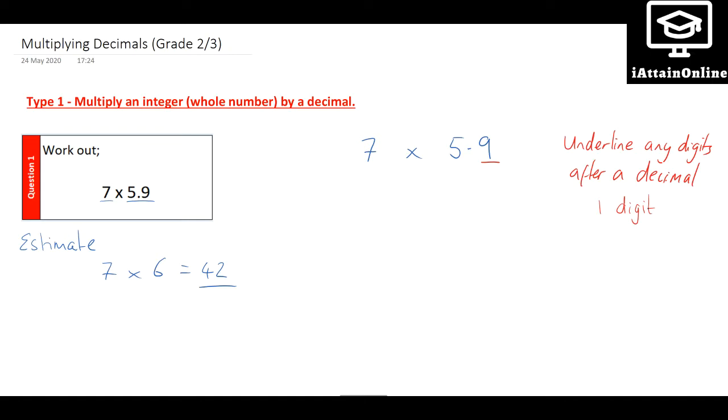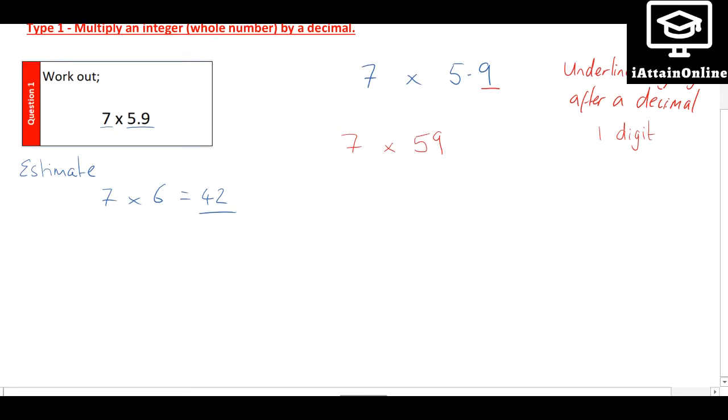So now we're going to temporarily ignore the decimals, and we're just going to do 7 times 59. Now you can do any method you want for this, whichever method you prefer. I'm going to do the grid method, so I'm going to break that 59 down into a 50 and a 9, and then I'm going to put the 7 there.